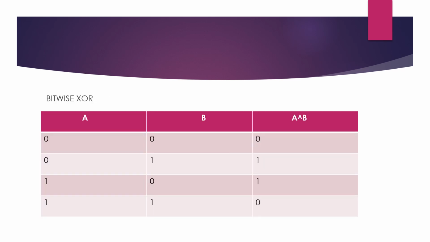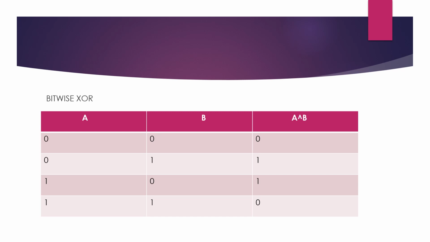The next bitwise operator is XOR. In this condition we have the truth table. What happens is, if in the input we have an odd number of ones, then the output will be 1. Otherwise, in any other case, the output will be false, that is nothing but 0.